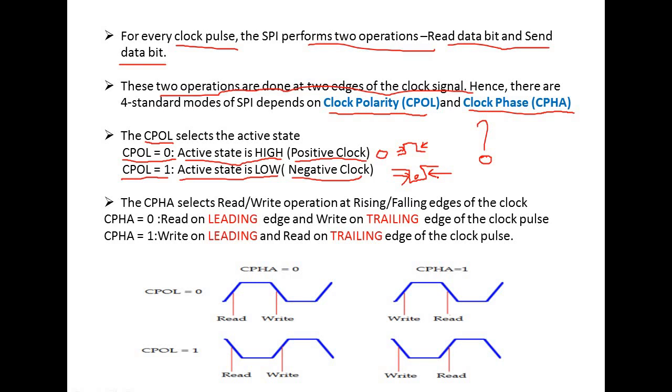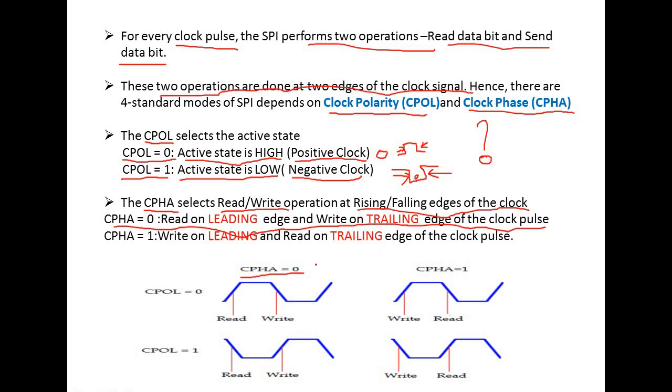And coming to clock phase, the clock phase signal is one which selects read or write operation at rising or falling edges of the clock, that is, when to perform reading or writing operation, either at the rising edge or at the falling edge. See here. And see here, if clock phase is equal to 0, then the read operation is performed on the leading edge and the write operation is performed on the trailing edge of the clock pulse.